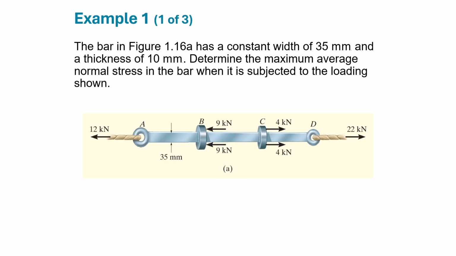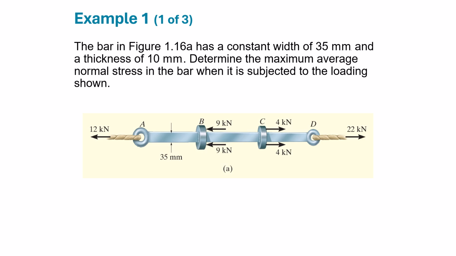So here is one example. If we have a member which is subjected to forces, this member has a constant width of 35 millimeters and a thickness of 10 millimeters. We need to determine the maximum average normal stress in the bar when it is subjected to the loading shown. So at point A, we have a tension force of 12 kilonewton.